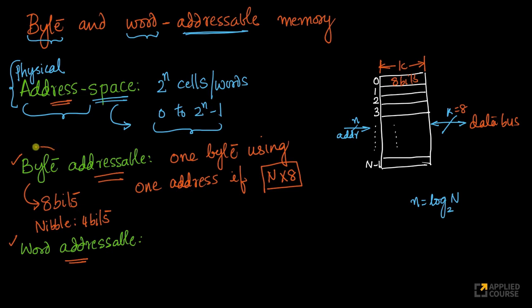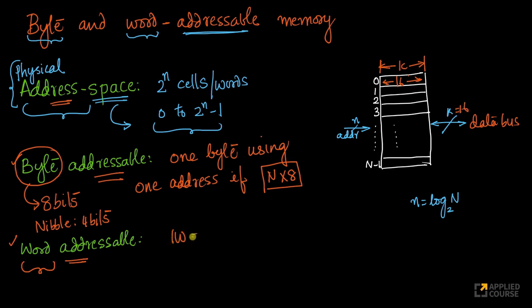So a byte is a fixed number of bits. On the other hand, the word is not a fixed number of bits. For example, this memory has a word size of 8 bits. But imagine a world where k equals 16 bits, then what happens?